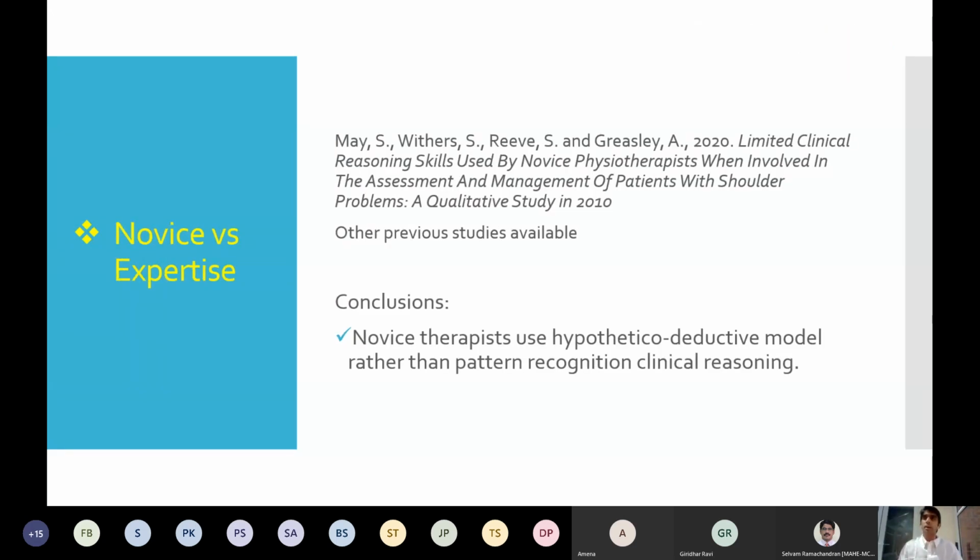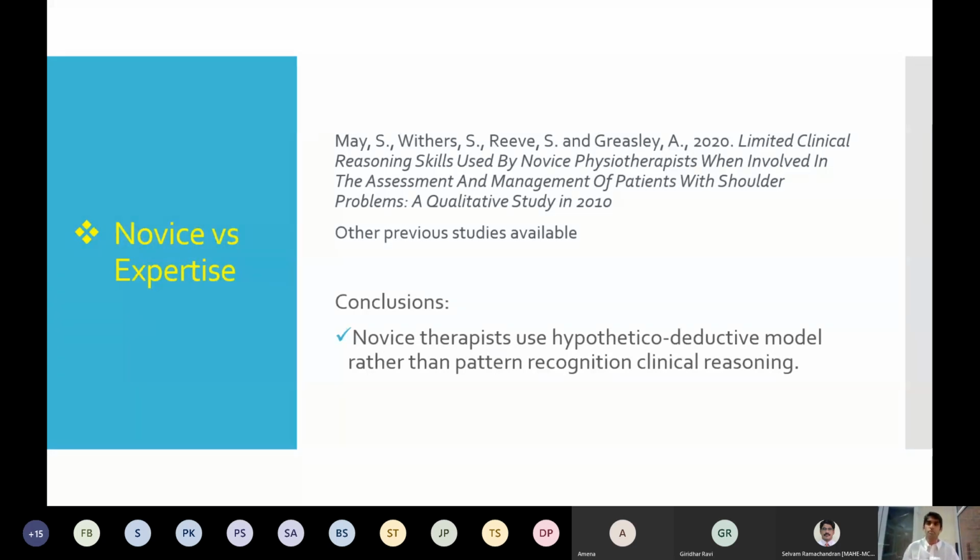So how would you differentiate or self-criticize yourself, whether you are a novice or an expert? There is no scale to say this person is an expert, or any scoring, but it is about how you take your history and how you use the information, which makes you more novice or expert. For the novice physiotherapist, this is not anything out of a magic hat.